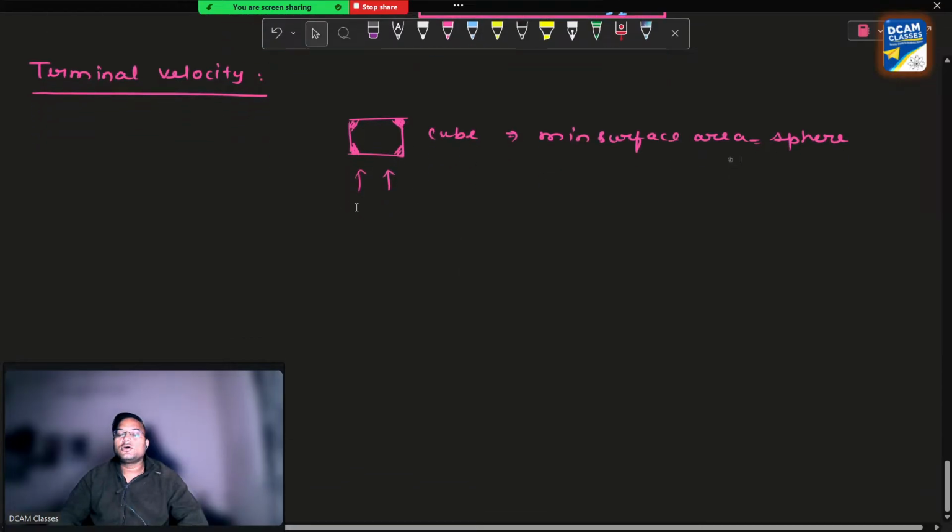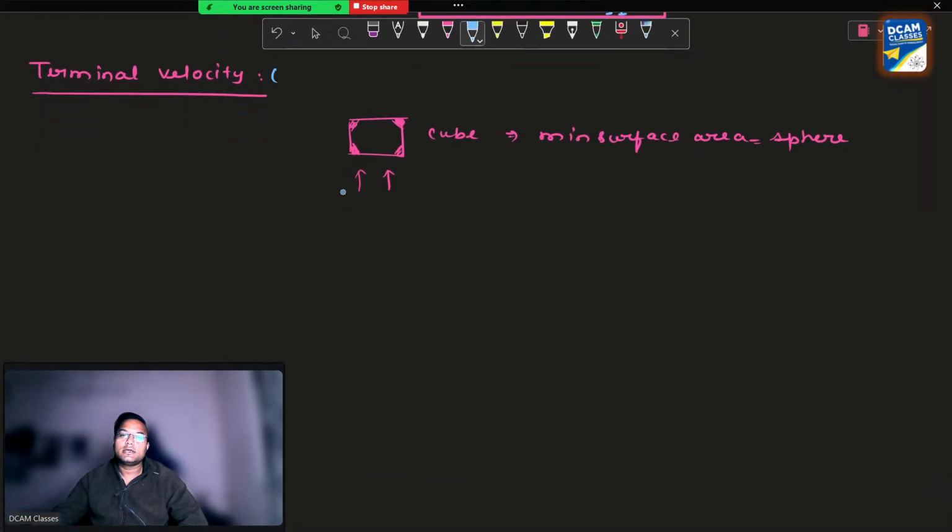So what is this concept of terminal velocity? Whenever the body falls down, it acquires the minimum surface area, the spherical shape. There appears a point at which the velocity of the spherical body becomes almost constant.